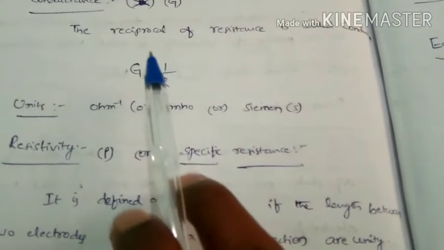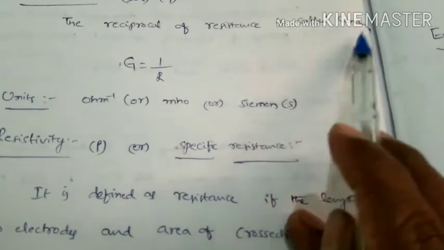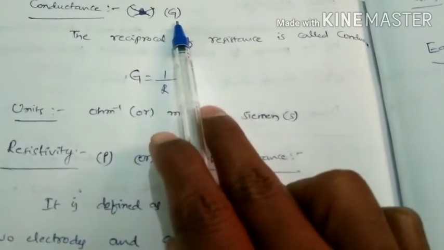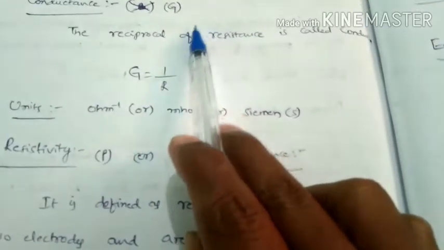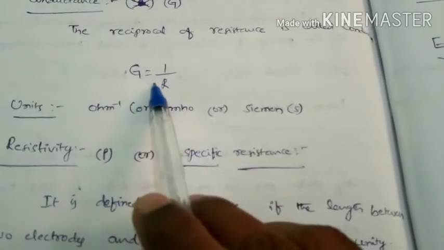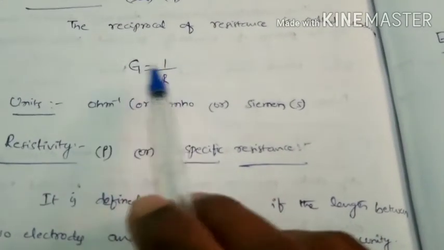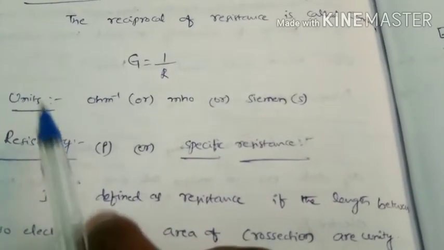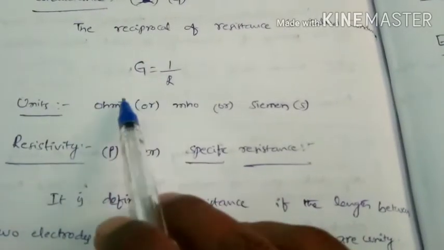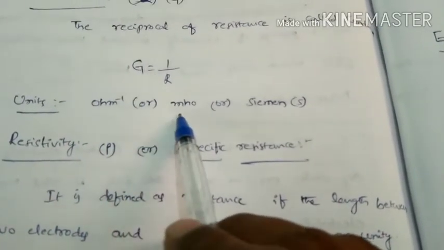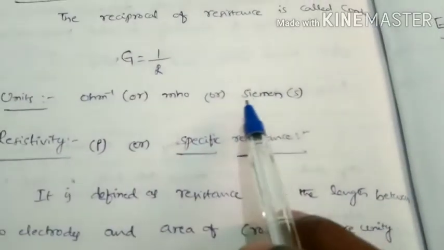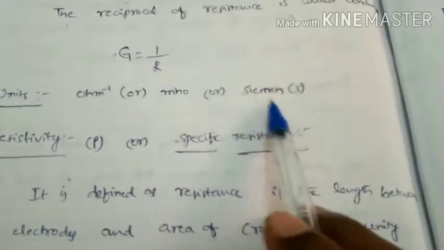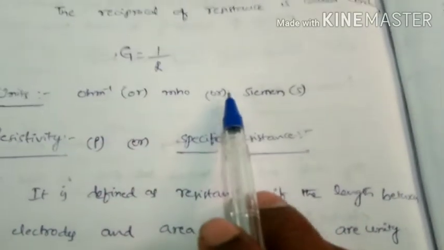So the definition is, the reciprocal of resistance is called conductance. This conductance is represented by capital G or C. So the formula is G is equal to 1 by R. In case of resistance, the unit is ohm. For conductance, the unit is the reciprocal, that means ohm inverse, that is also called mho. One more word for this is Siemens, represented by S. So Siemens, mho, or ohm inverse are all the same.